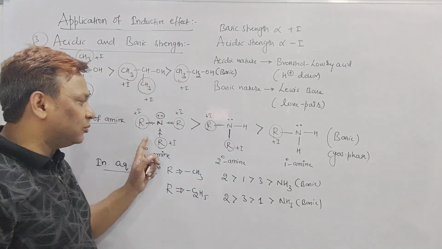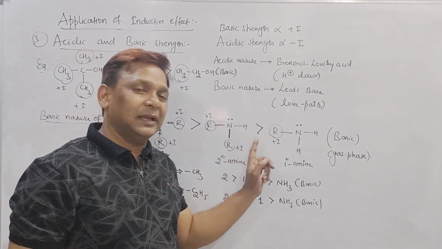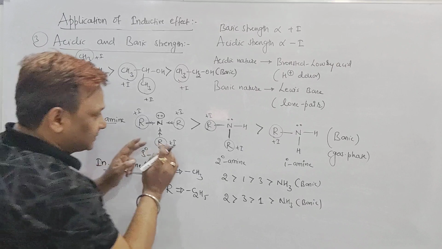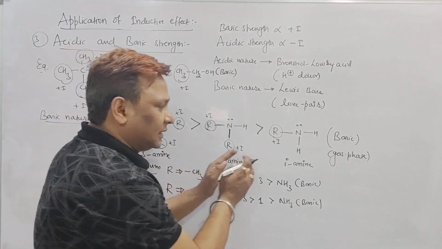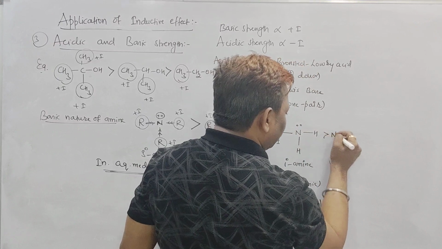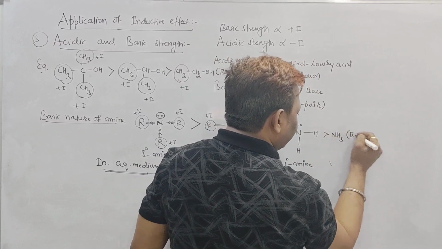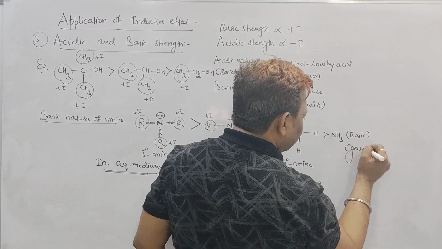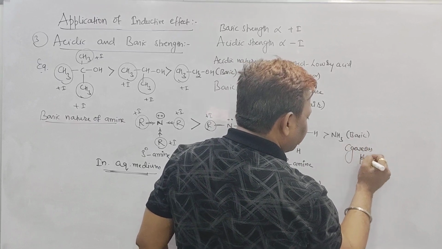So tertiary amine is more basic than secondary than primary, right? And in the aqueous medium, tertiary more basic than secondary than primary, than ammonia also we can write, and that order of basic strength can occur only in the gaseous phase.